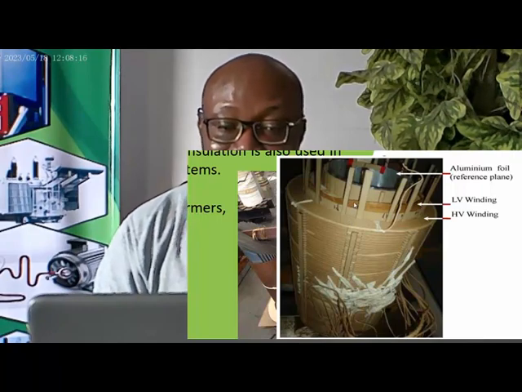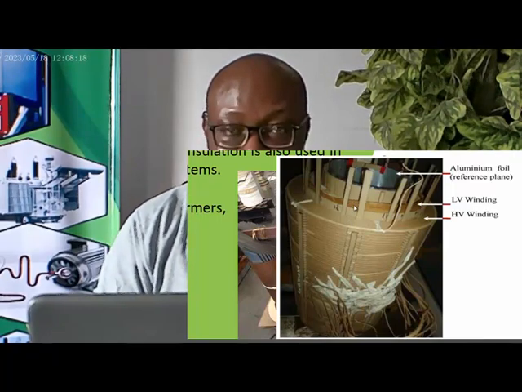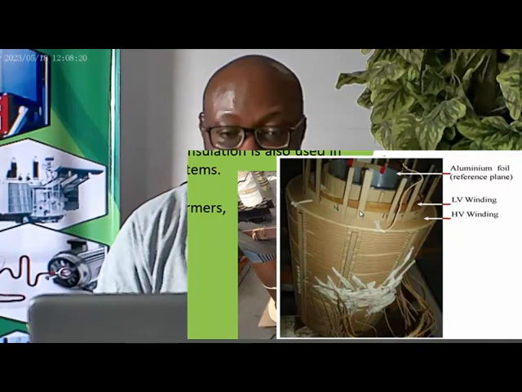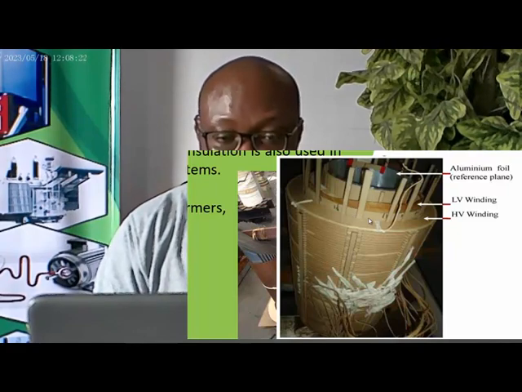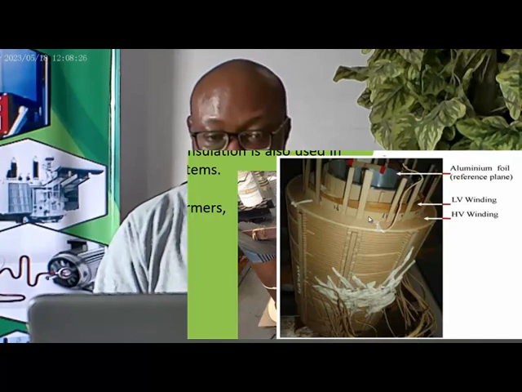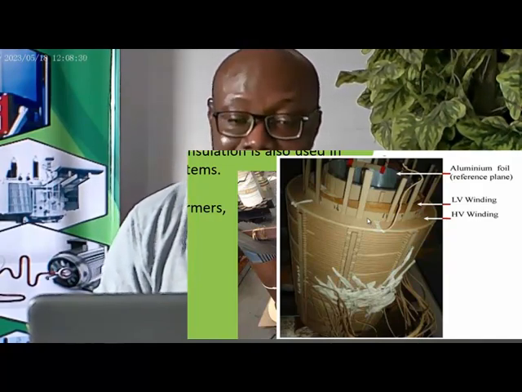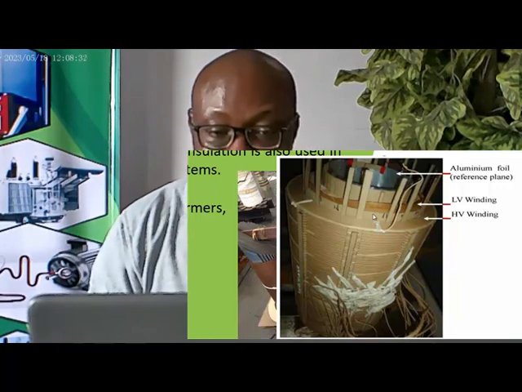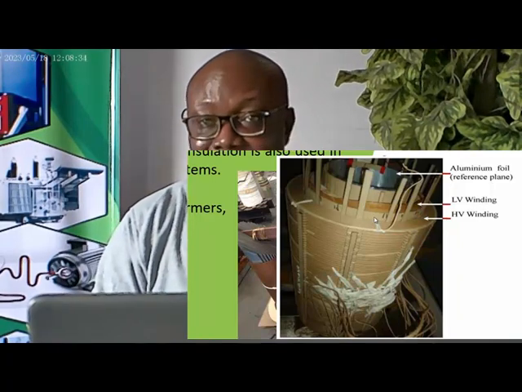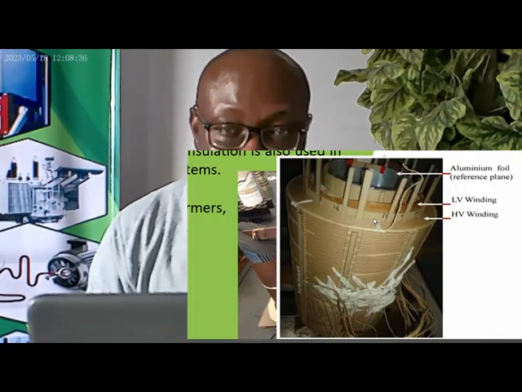So when you carry out an insulation resistance test between primary and secondary, what you are testing is the insulation of all this material, including that of the cable, and the oil that fills the space between the primary and the secondary winding.